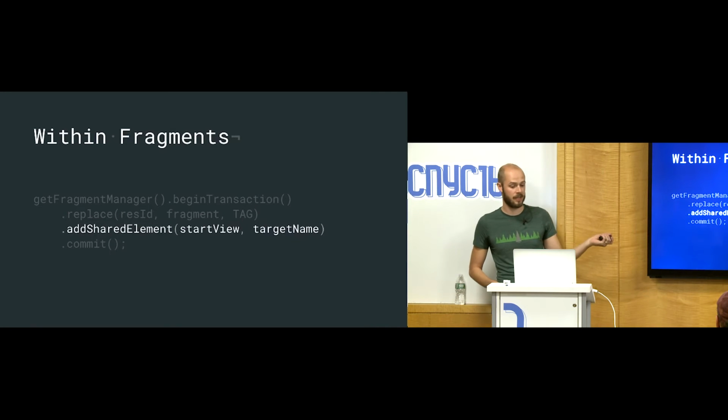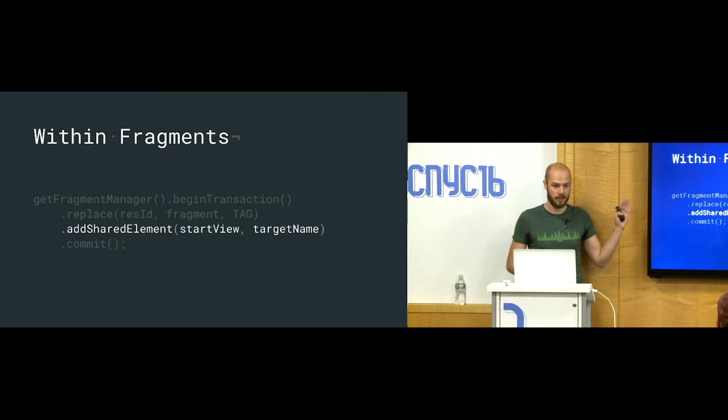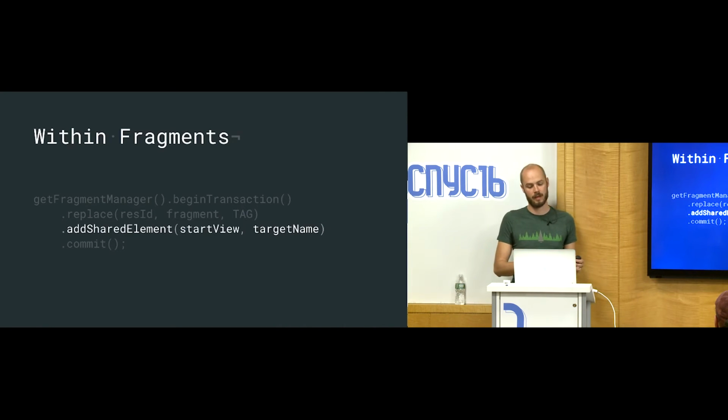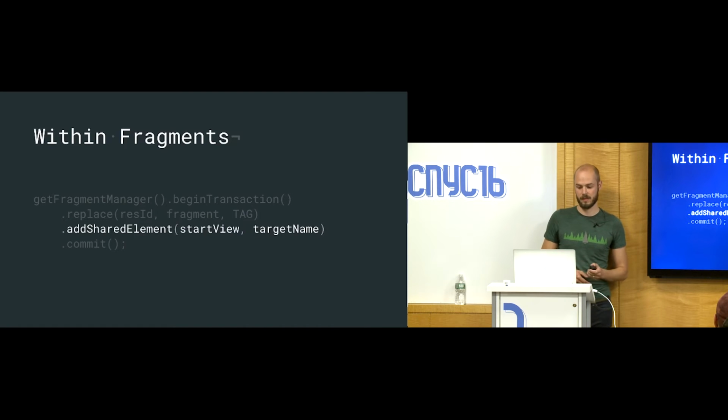And then you just say add shared element for all the elements that you want to add. You add them in there with the start view so the system can gather all the information it needs, and the transition's target name. So every object that can be transitioned to has to have a target name in order to be recognized by the system correctly.